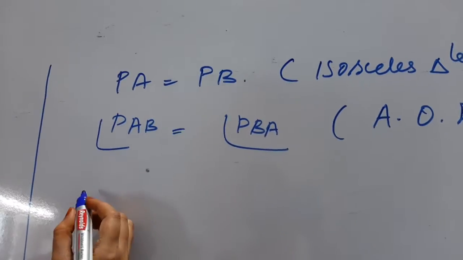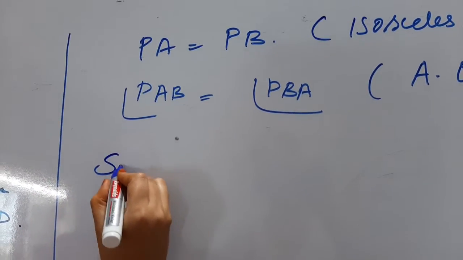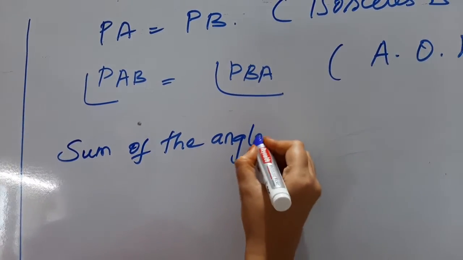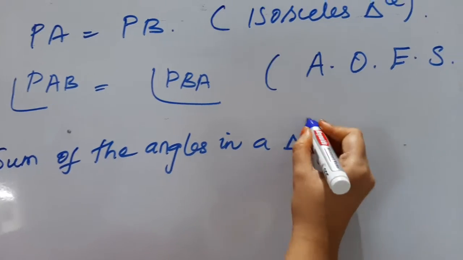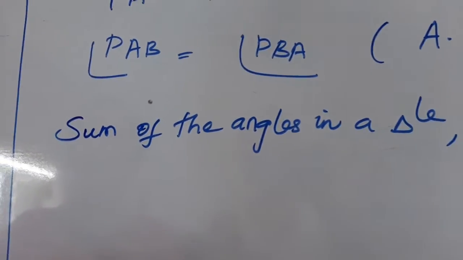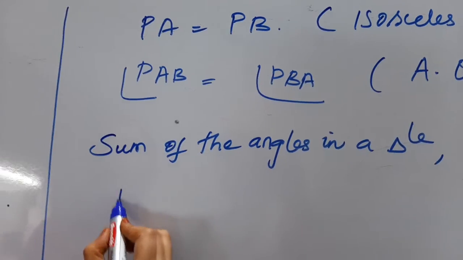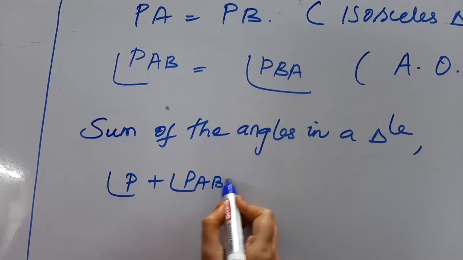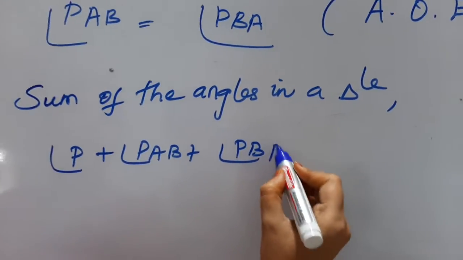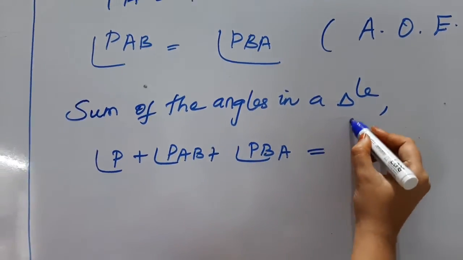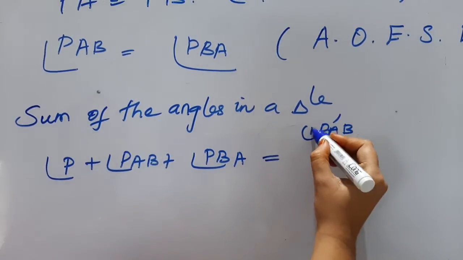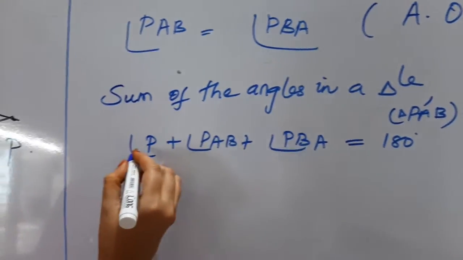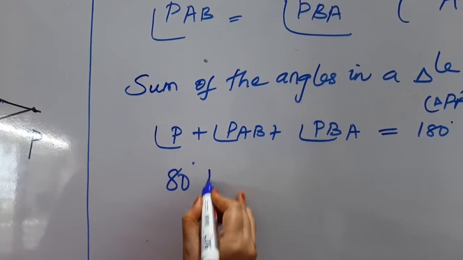Now, sum of the angles in a triangle. We know that the sum of the angles in a triangle is 180. Here angle P plus angle PAB plus angle PBA of the triangle PAB is equal to 180. Here we know that the angle P is 80, that is given in the question.